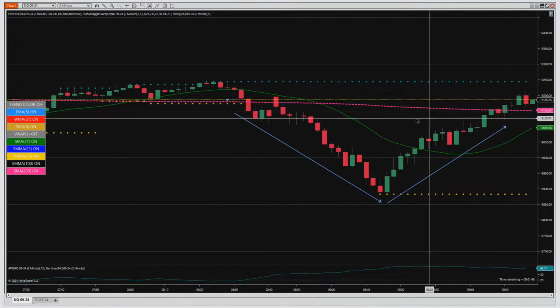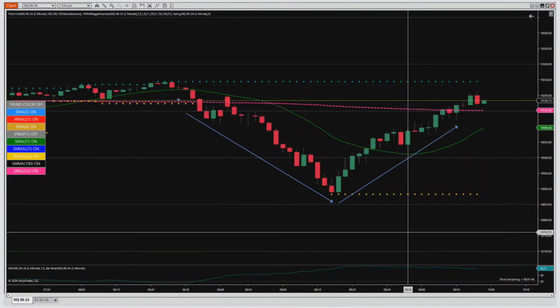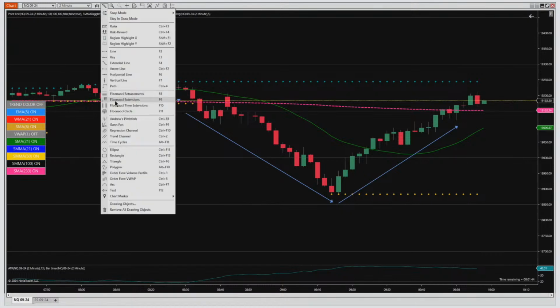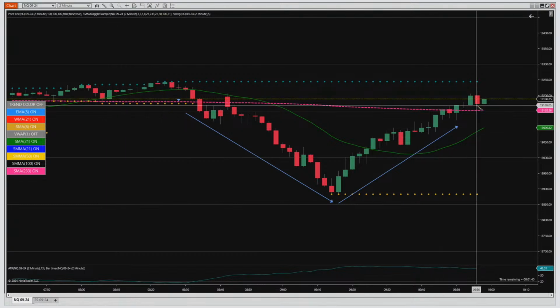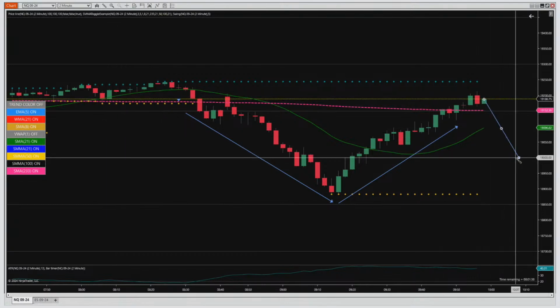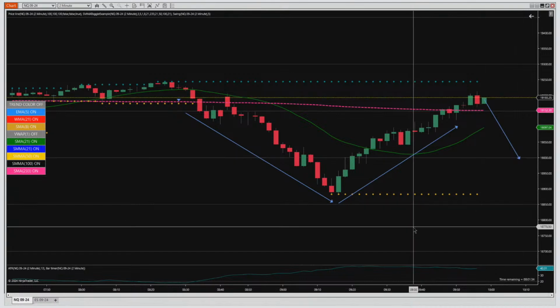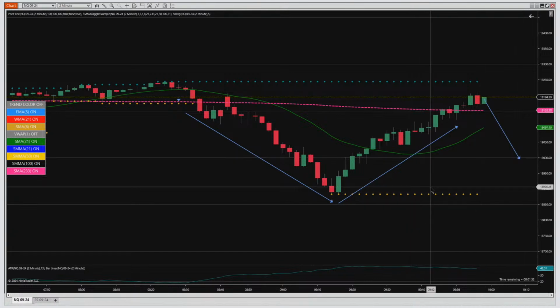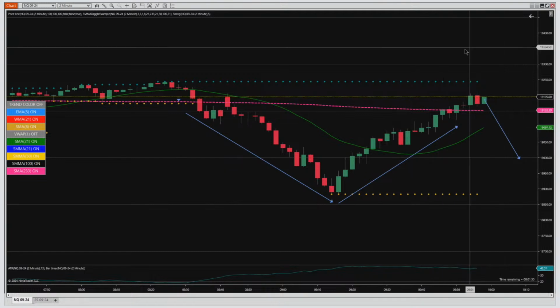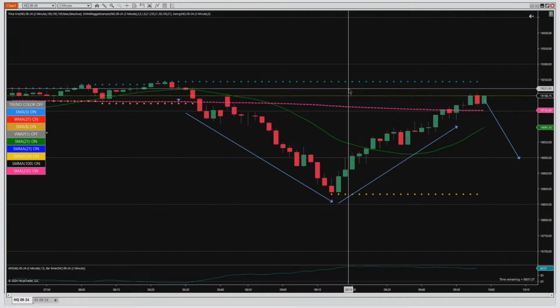It could very well come down to this level. I expect it to come down from here to here, or even lower. So let's see what happens. But that's all for today.